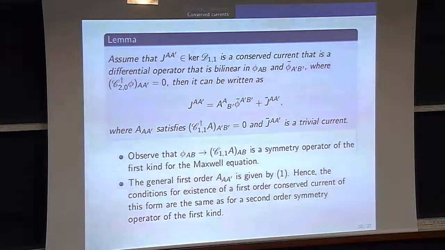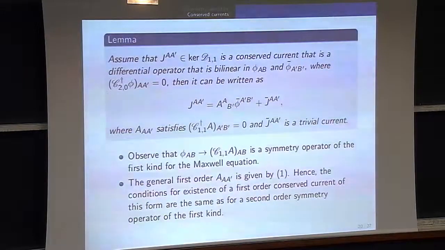So one particularly interesting class of currents is if you want J to be divergence-free, of course, and formed as a differential operator which is bilinear in the field and its complex conjugate. So it has the form phi times phi bar, but you can have derivatives wherever you want.